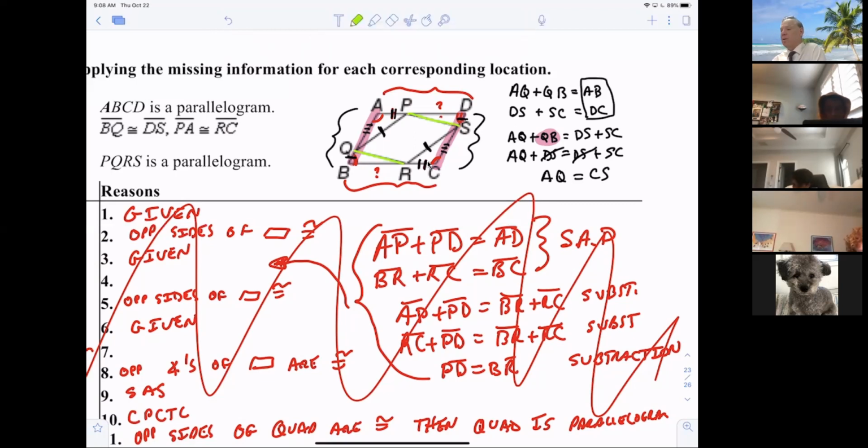BR plus RC equals BC, AP plus PD equals AD. I need you to be able to do that. Does everybody see that? And once you tell me that PS is congruent to QR, then it's a parallelogram because opposite sides are congruent. Is everybody with me?